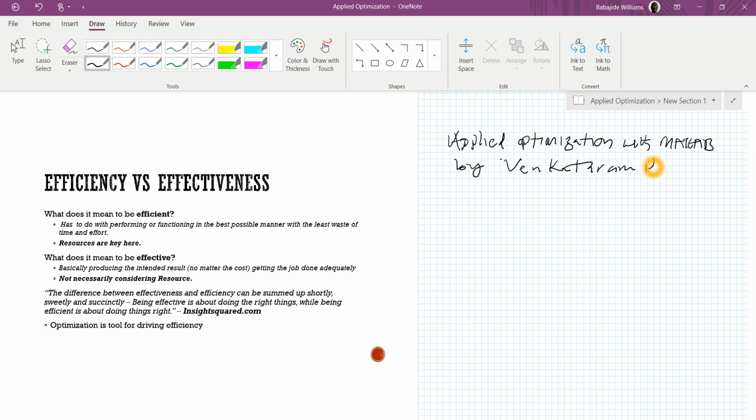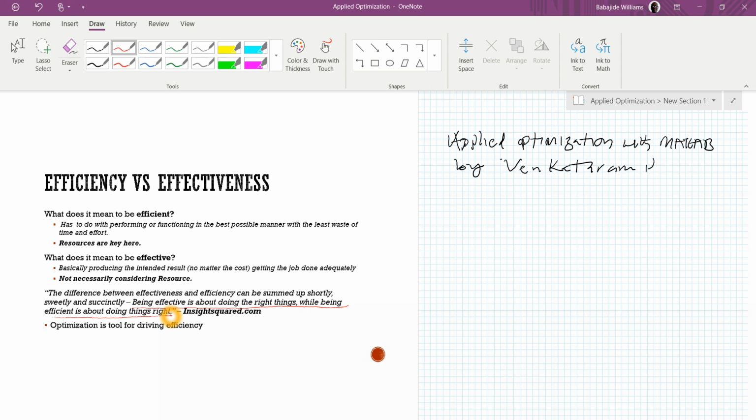I like the way InsightSquared.com explained it here. Being effective is about doing the right things, while being efficient is about doing things right. So you do things right with limited resources and get an optimal, efficient result.